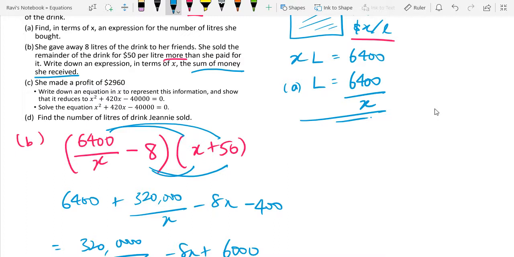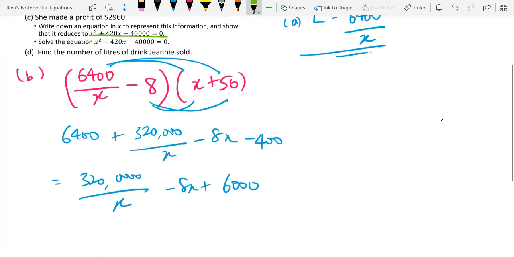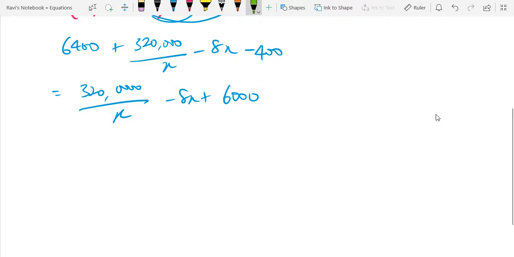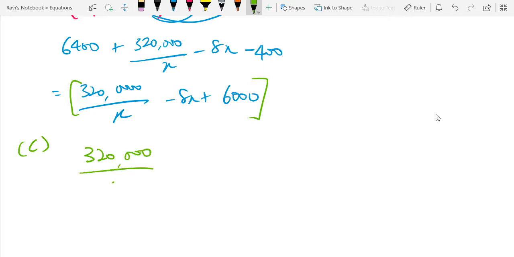In part C, we are told that she made a profit of $2,960. How do we now write an expression to show that it reduces to this equation here? We know that she made a profit, so let's write down an expression for that. The total amount of money she made from the sale is this expression that we just solved. This is the total amount of money that came in based on the sales.